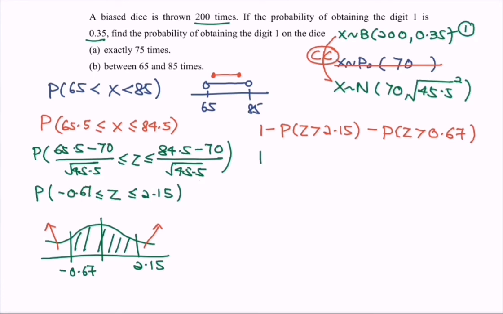So here we have 1 minus the probability that Z greater than 2.15, which is 0.0158, minus the probability that Z greater than 0.67, which is 0.2514. So the probability that x is greater than 65 and less than 85 will be equal to 0.7327.